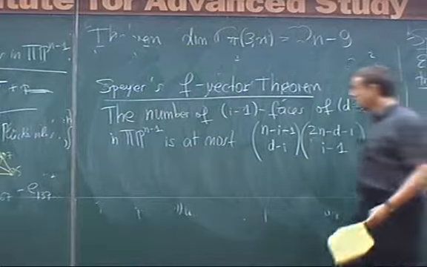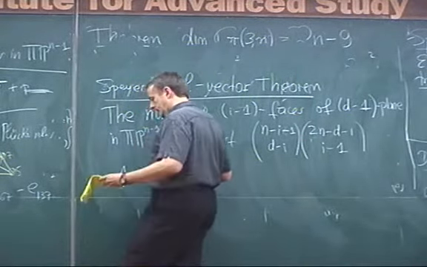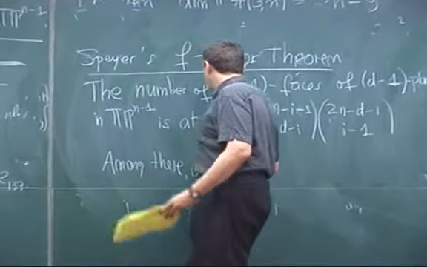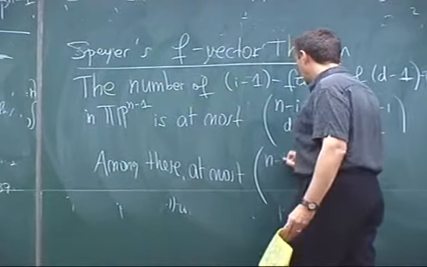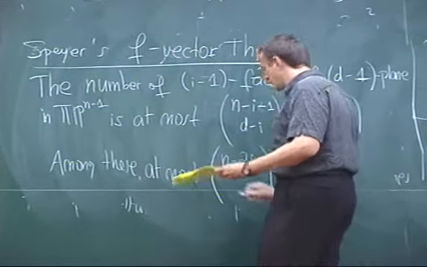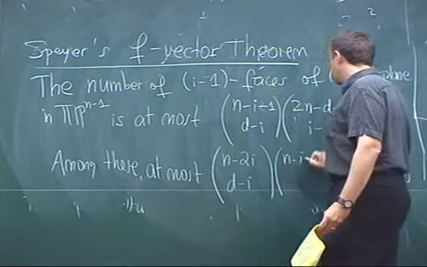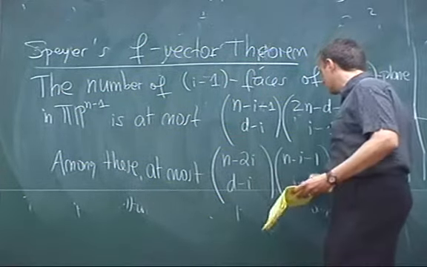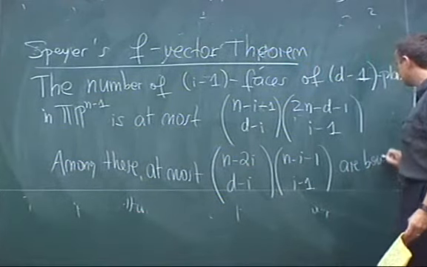Among these, at most another product, (n minus 2i choose d minus i) times (n minus i choose i minus 1), are bounded.